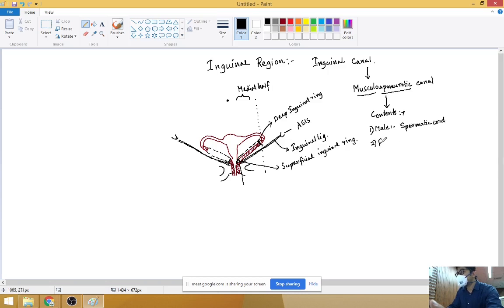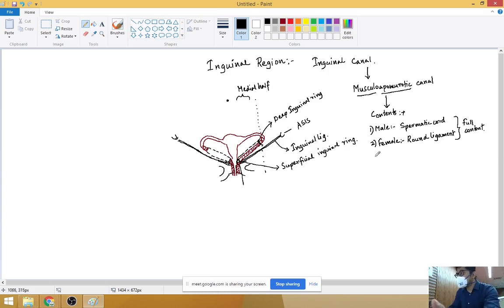In case of female, it is the round ligament, and these are full contents. They extend through the full extent of the inguinal canal.